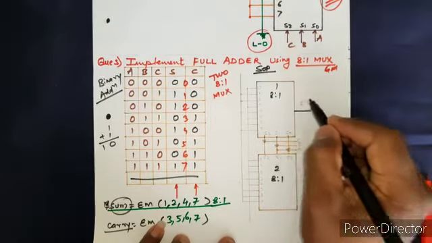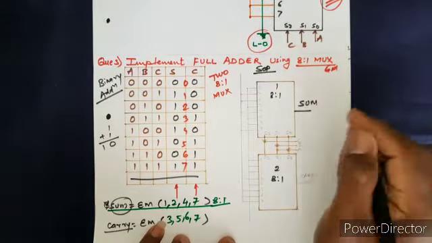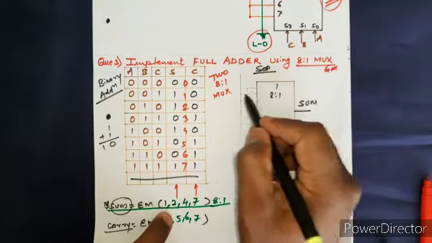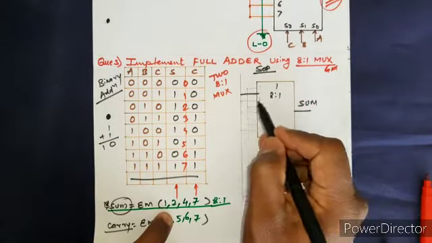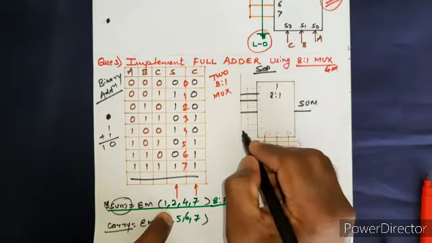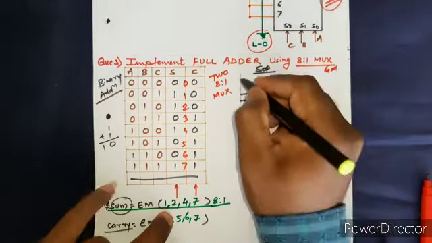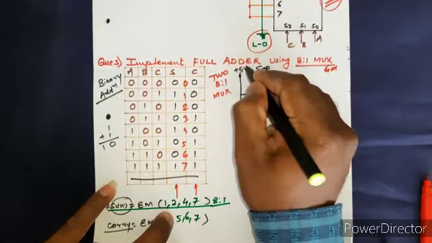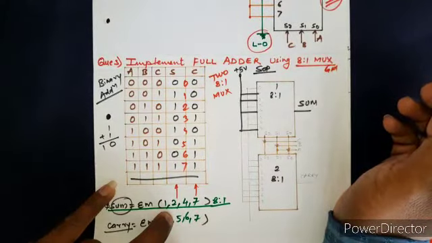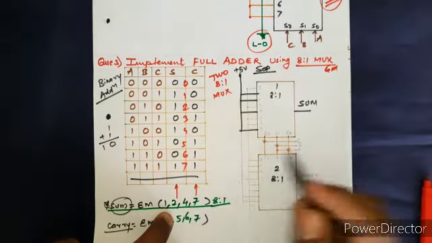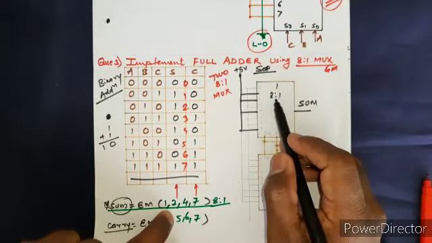Now this is for sum. Here you can see we have 1, 2, 4 and 7, they are connected to plus 5 volt, for the first 8:1 mux.